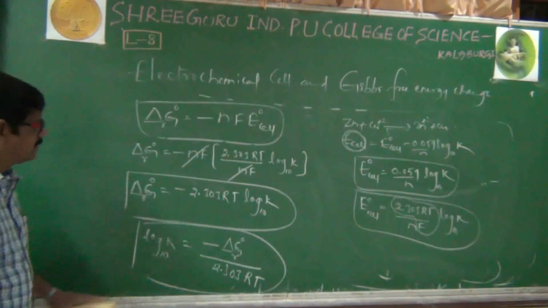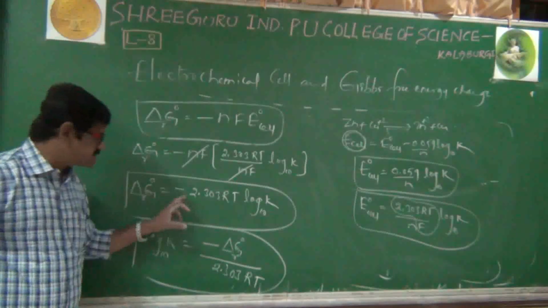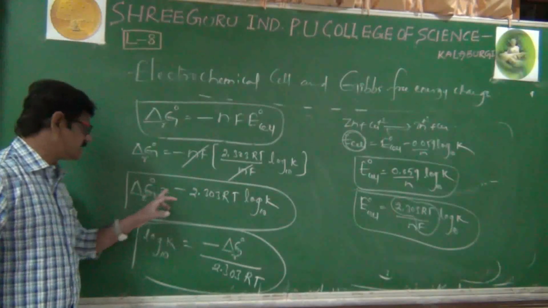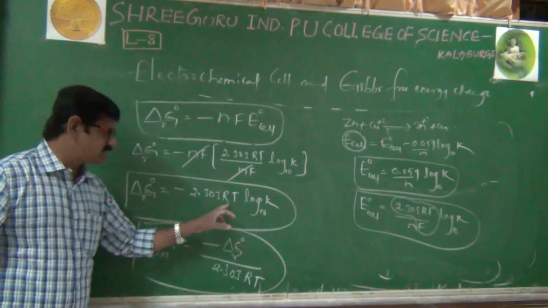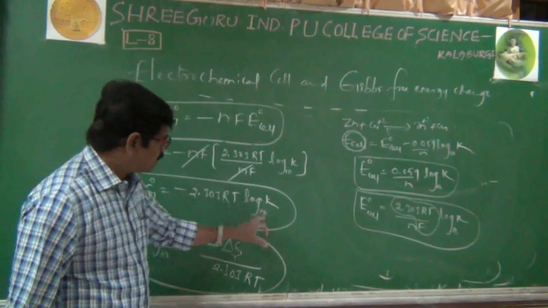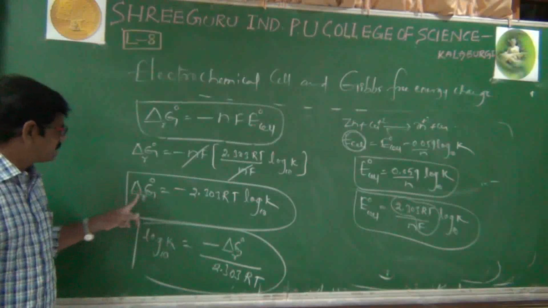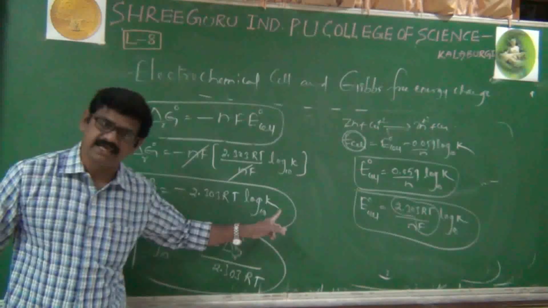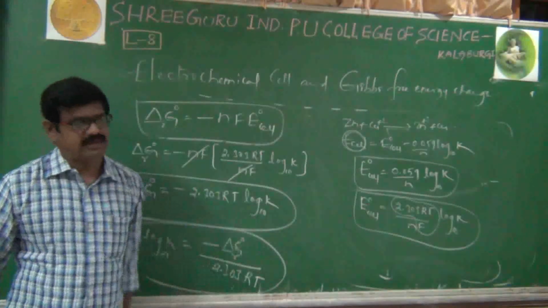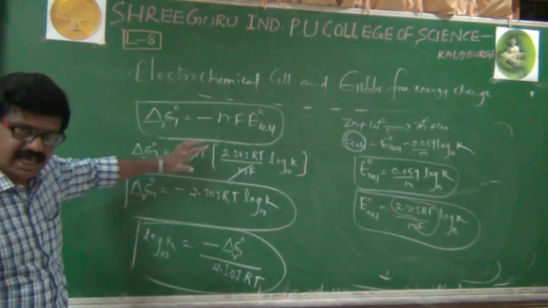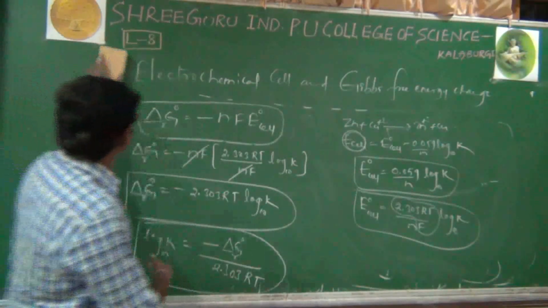This is the formula. Based on this formula also we will have some questions. Delta G naught is equal to minus 2.303 RT log base 10 K. This is the relation between Gibbs free energy change as well as equilibrium constant. Now based on these formulas, we'll solve some questions.